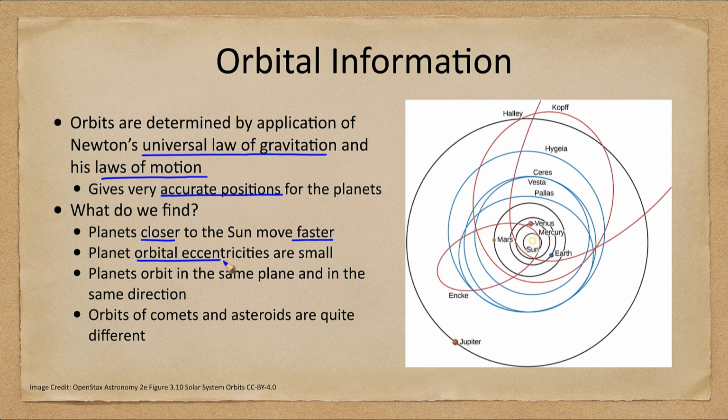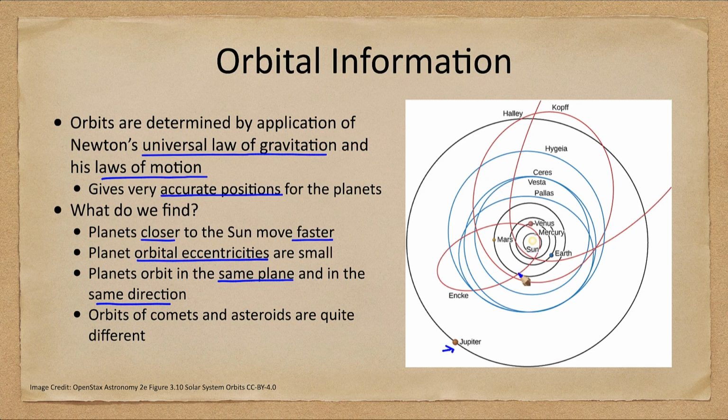We see that the orbital eccentricities for planets are small. None of the planets have highly eccentric orbits. We note that all planets orbit in the same plane and the same direction. So we see those here. If we look at the planets here, the inner planets labeled, you can see Mercury, Venus, Earth and Mars. And this image goes out to Jupiter a little further out.